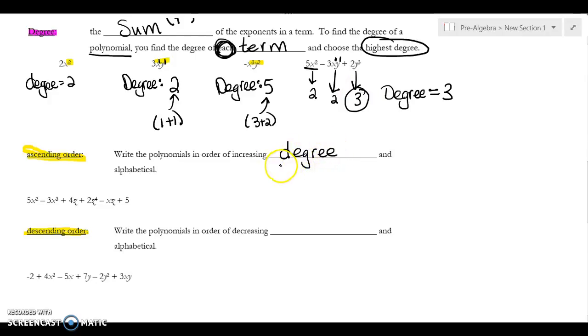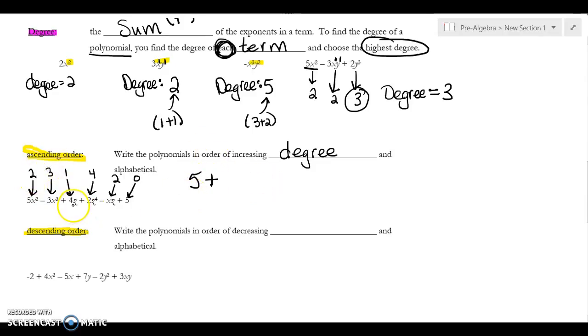So I need to find my smallest degree, which is this. That's my smallest degree because it's degree 5. And then let's see what the degrees are. This is degree 2, degree 4, degree 1, degree 3, degree 2. So I go from my smallest degree up.